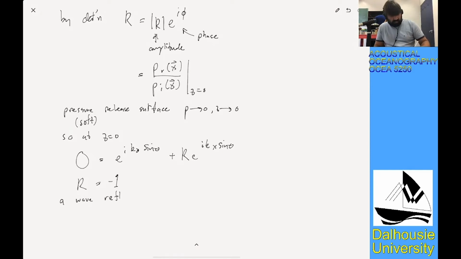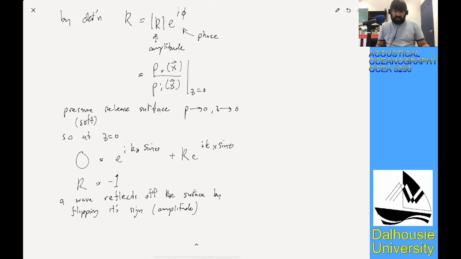A wave reflects off the surface by flipping its sign amplitude. Okay. So, what was the other simple little case that we looked at?